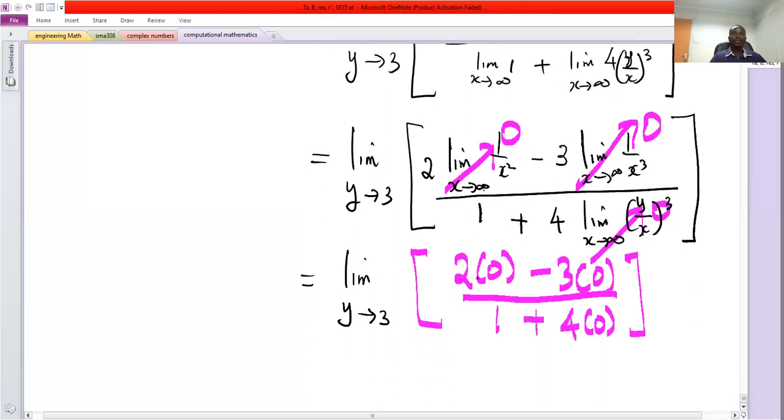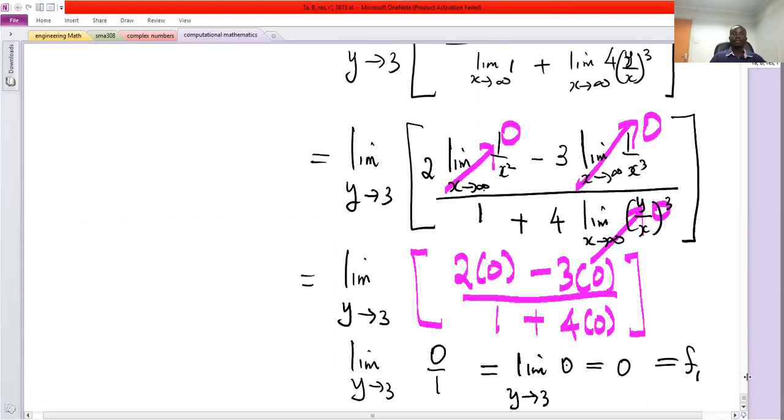Of course, we'll have 2 times 0 is 0 minus 0 is 0. So 0 over 1. So this is the limit as y approaches 3 of 0 over 1, which is just the limit of 0 as y approaches 3. The limit of a constant is the same constant. So this is F1.